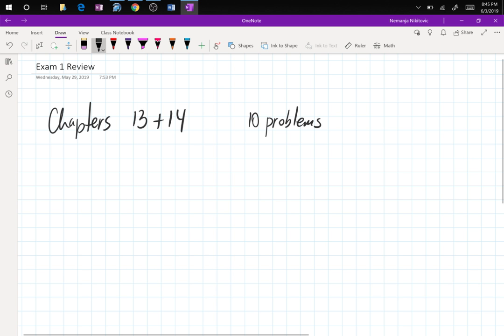Sometimes I do ask for you guys to state a formula or something like that. An example is: state the formula that calculates the angle between two vectors. State the procedure to calculate the cross product. So, you know, some of that basic stuff.